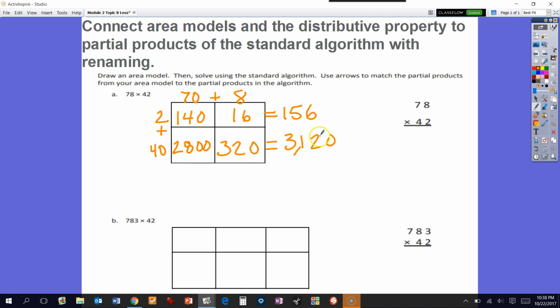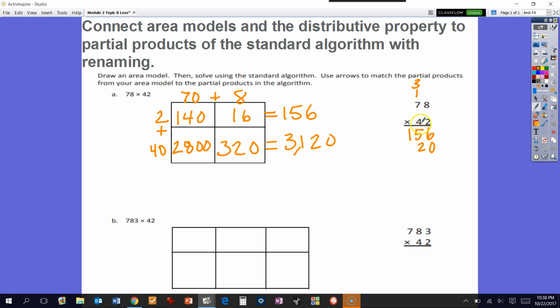So now I have my two partial products, and it should look exactly the same when I do my standard algorithm. 2 times 8 is 16. Regroup. 2 times 70 is 140 plus my 10 is 150. Alright, now I have 4 in the tens place in my second factor. 40 times 8 is 320.